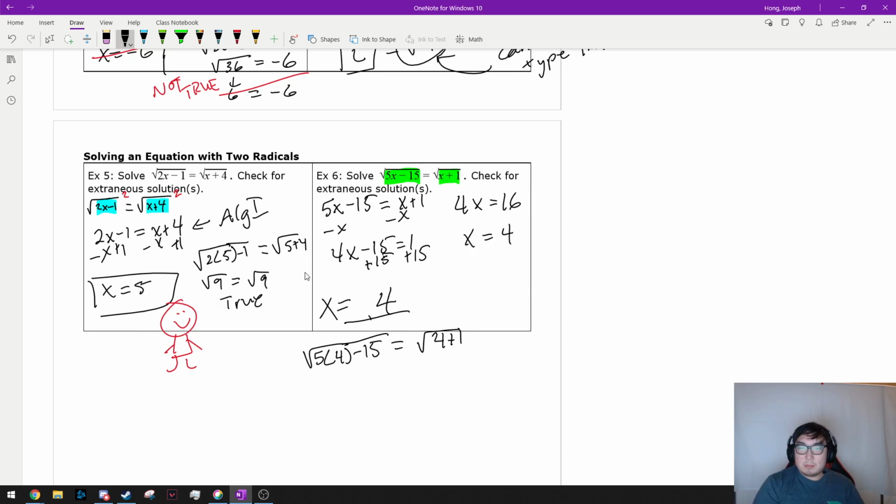Yeah, so this becomes 20 minus 15, which is equal to 5. So square root of 5 is equal to square root of 5. This right here is still true. So this would have to be my answer.